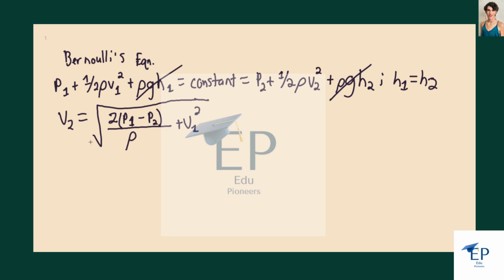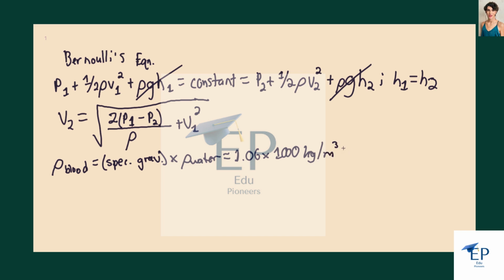So we have all of these constants. The density of the blood is simply going to be equal to that person's specific gravity times the density of water. And this is simply going to be equal to 1.06 times 1,000 kilograms per meter cubed.